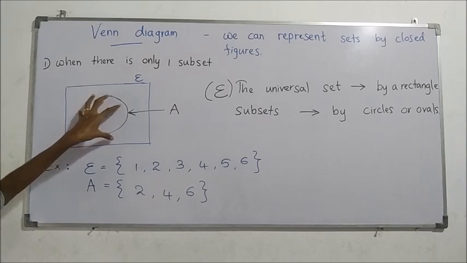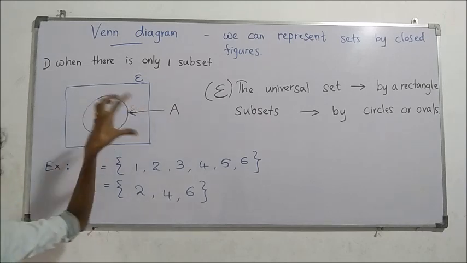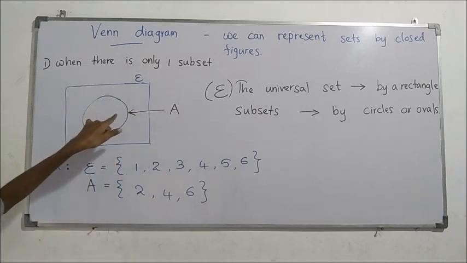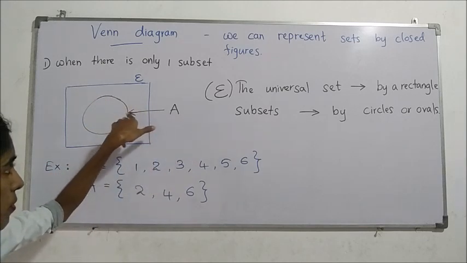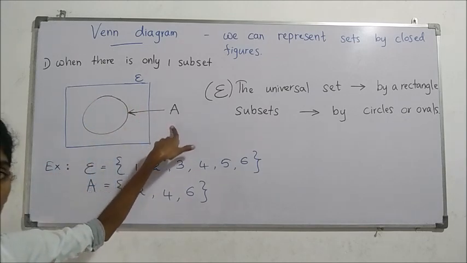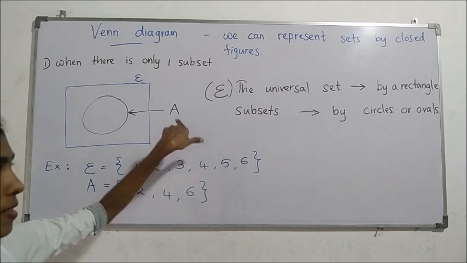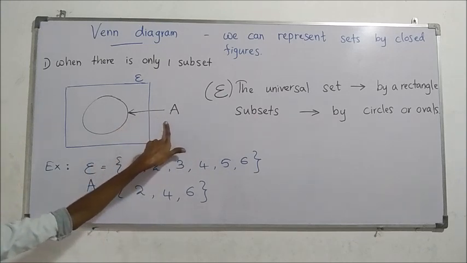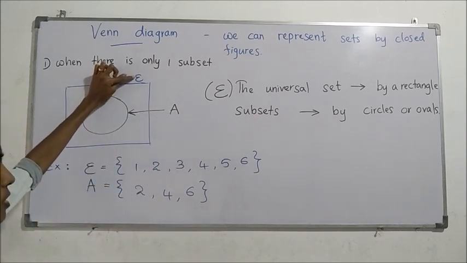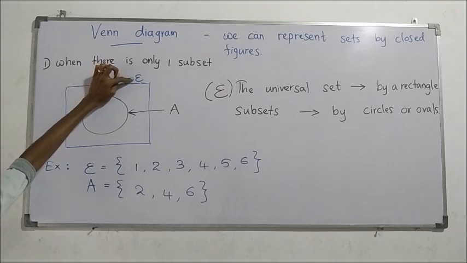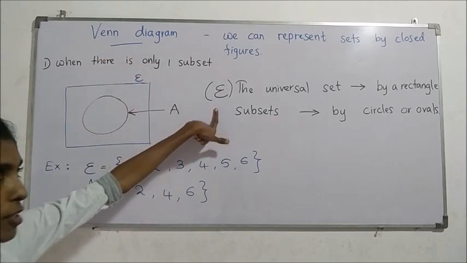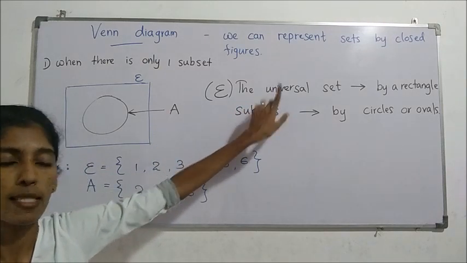Whenever you include a subset in the universal set, with the help of an arrow you should label it, you should name the relevant subset. Also, this symbol should be put above the rectangle, because that is the symbol to represent the universal set.